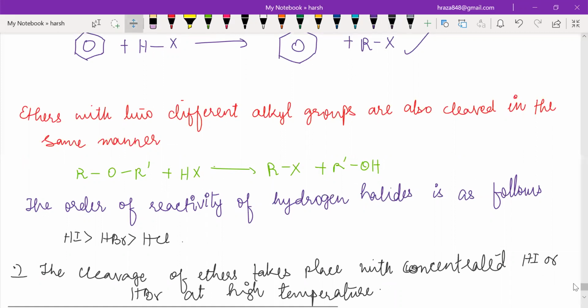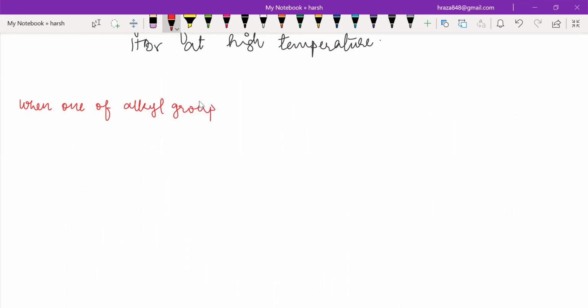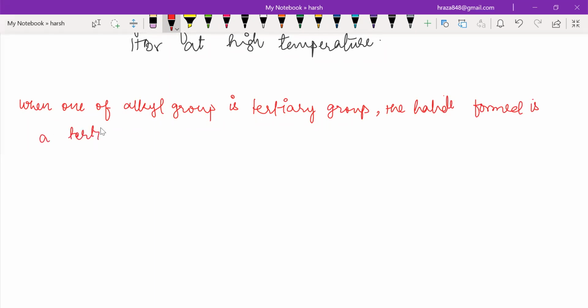See, if you are going to have different alkyl groups, when one of the alkyl groups is tertiary, then the halide formed is a tertiary halide.